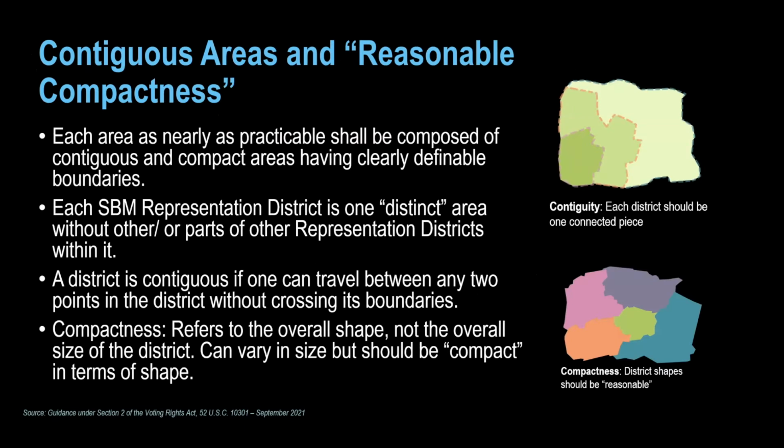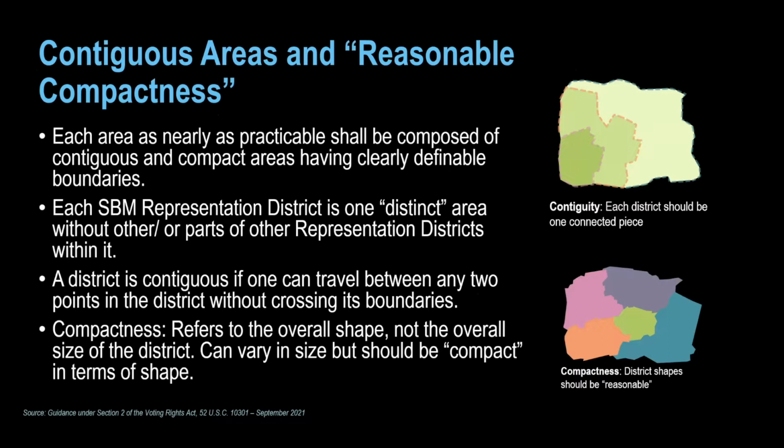So what do contiguous areas and reasonable compactness mean? It means that each area, as nearly as practicable, needs to be composed and compact with clearly definable boundaries. Each one of the school board district areas needs to be distinct without parts of other districts combined within it.